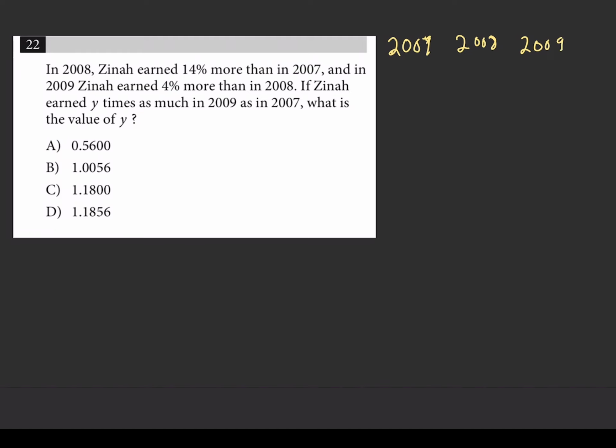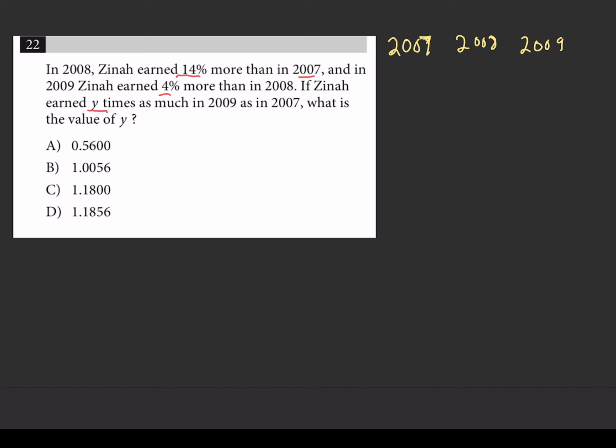Here's the other thing to point out. When you see any percent problem that does not have an actual number, then you need to pretend that the number is 100. So here's what I mean. This just says that Zyna earned 14% more in 2008 than in 2007, and then earned 4% more than in 2008. Earned y times as much.